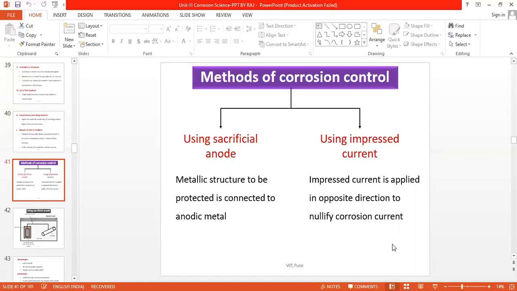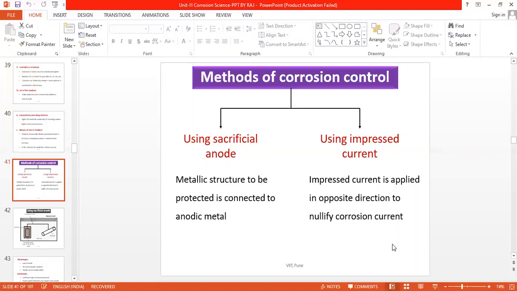But if we have to protect the zinc from the corrosion, we have to make it cathode and then only we can protect it, and therefore the method is known as cathodic protection. How can we convert the more active metal to a cathode? Again, there are two methods, either by using sacrificial anode or by using external current.